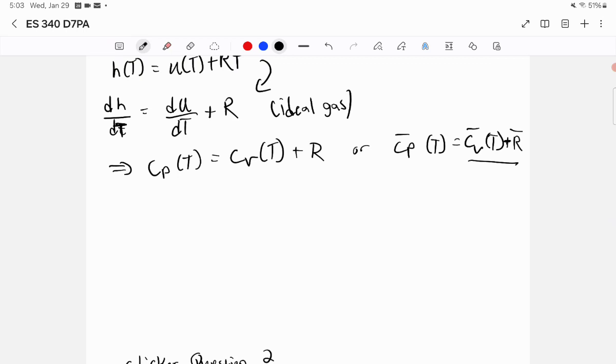As it turns out, it doesn't matter what the equations are. Because of this relationship, they end up always having some kind of constant specific heat ratio. And that's going to be given by K.